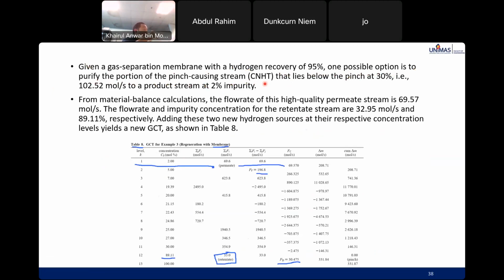At the moment we choose the pinch causing stream as the purification stream. The pinch causing stream lies below the pinch at 30%, equal to 102.52 mole per second, to a product stream at 2% impurities.